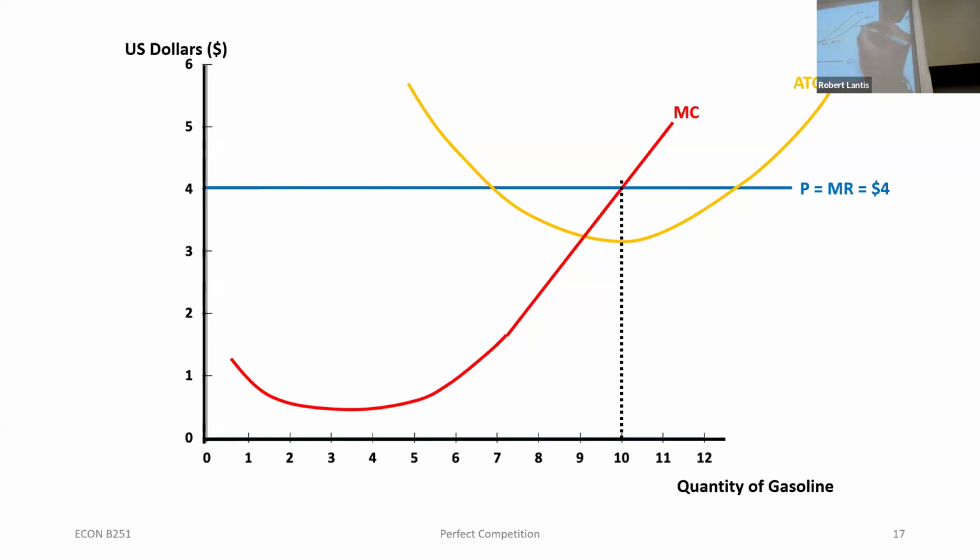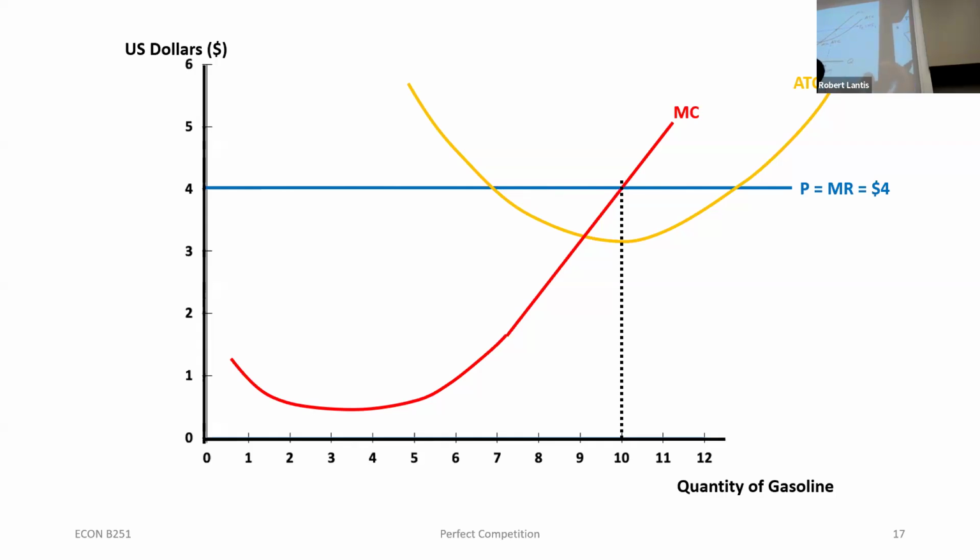So let's say I have this equilibrium price, which is the marginal revenue of this firm. Where's the optimal quantity? Well, where does marginal revenue equal my marginal cost? Looks like it's at a quantity out here. So we'll say this is our initial point.